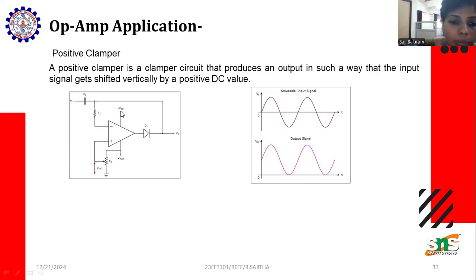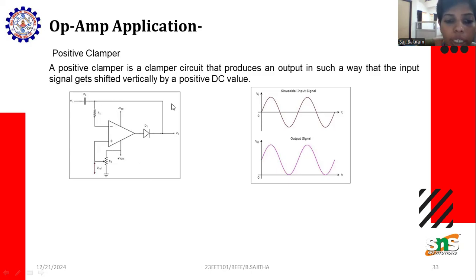VEE and VCC are the plus and minus terminals, or the biasing voltage, and a diode D is added. Here, the DC level is being given to this terminal and the reference voltage is being given to this terminal.